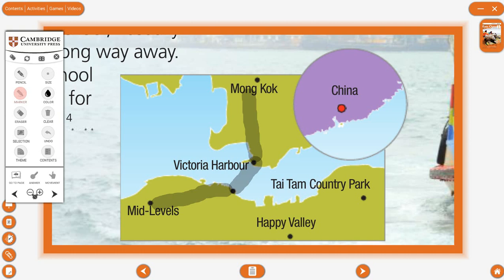Okay, you can draw like that or another way.